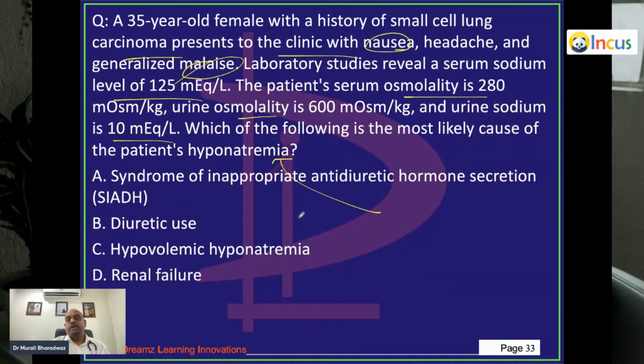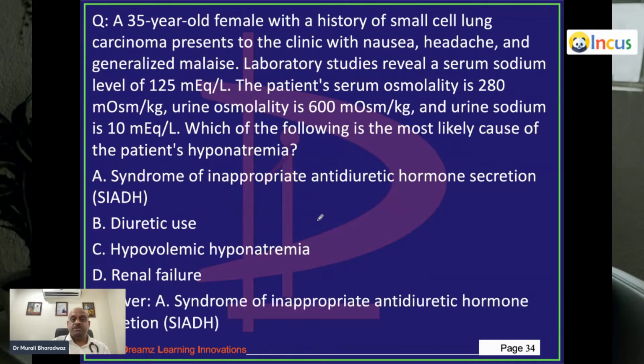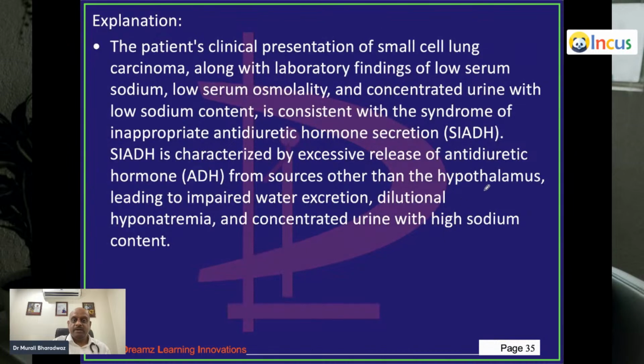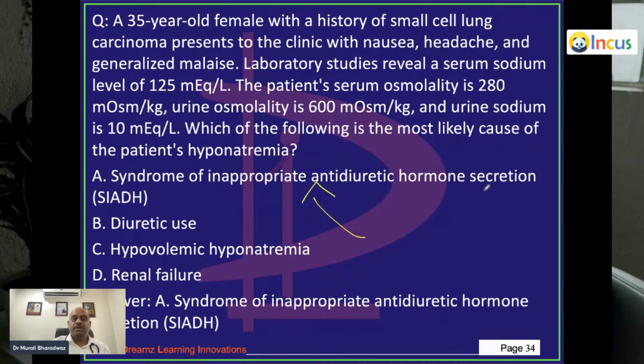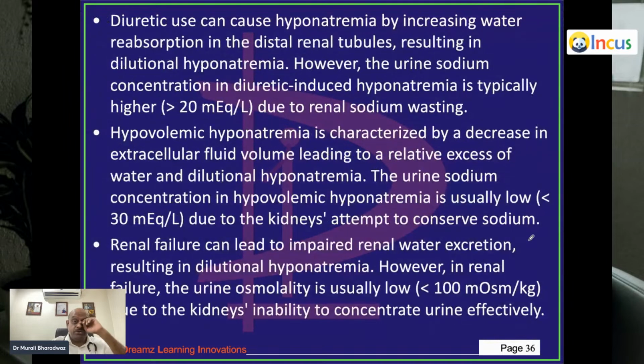Now, what is the most likely cause? In this case, it is syndrome of inappropriate ADH secretion. But generally, urine sodium is more than 20 milliequivalents whenever there is any SIADH, but here urine sodium is only 10.